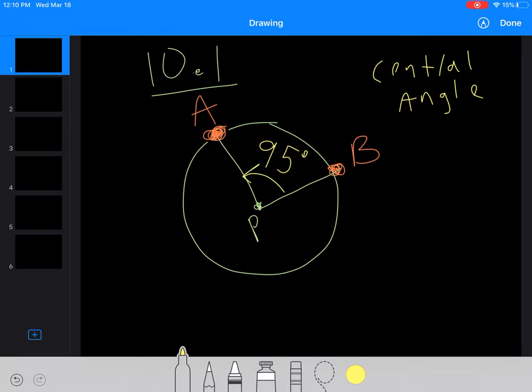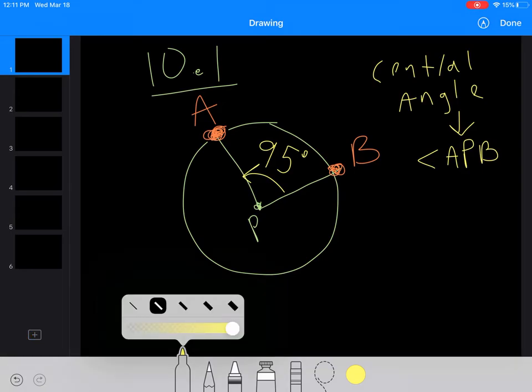And if you notice, we have 3 points where we can say even angle A, P, B, that will be the central angle, which in this case has a measure of 95 degrees. So what we want to look at is see if we can figure out what that arc measure is.